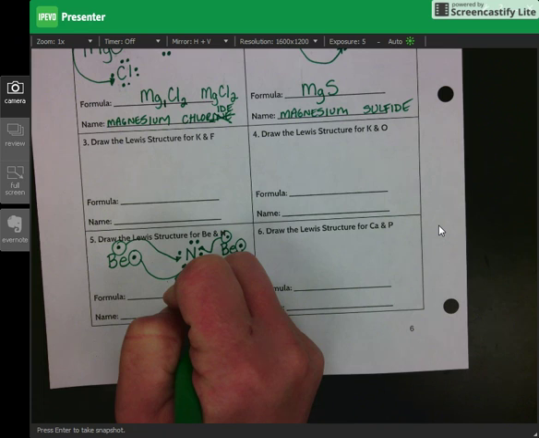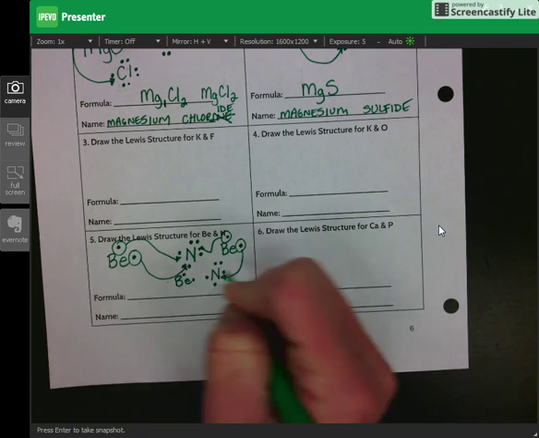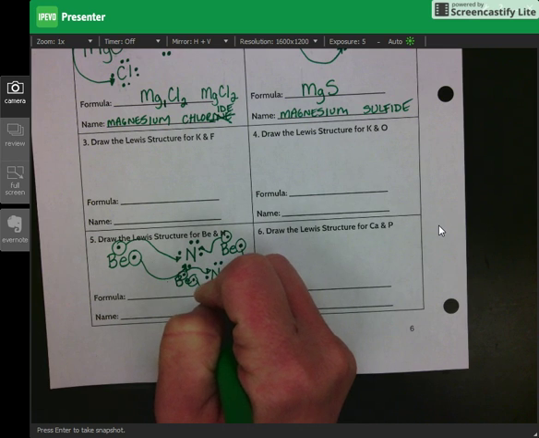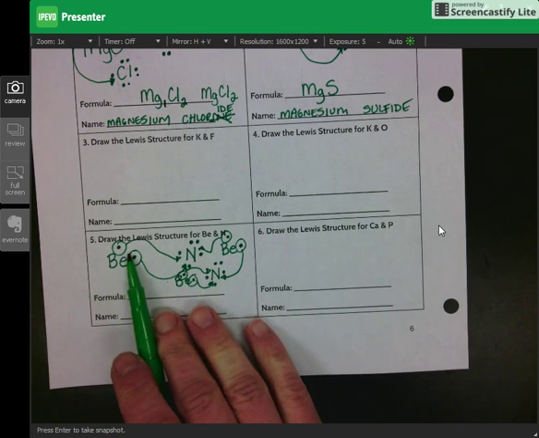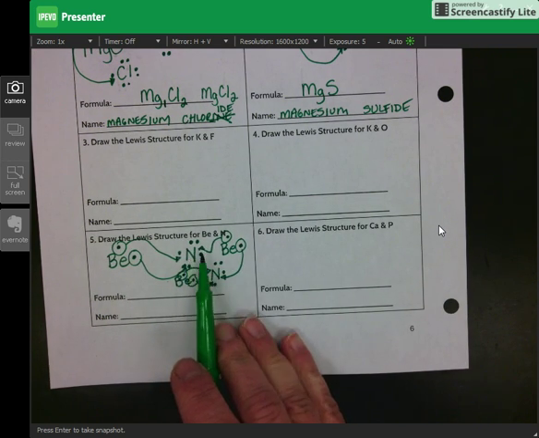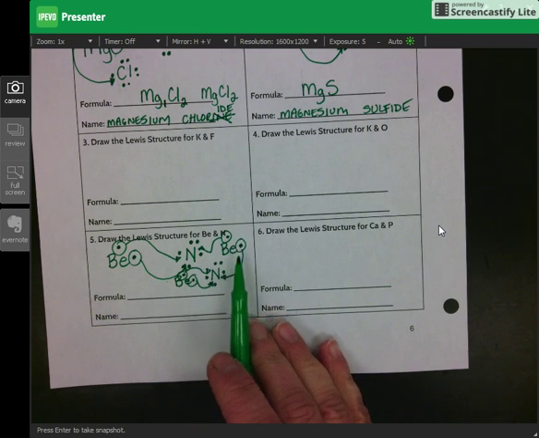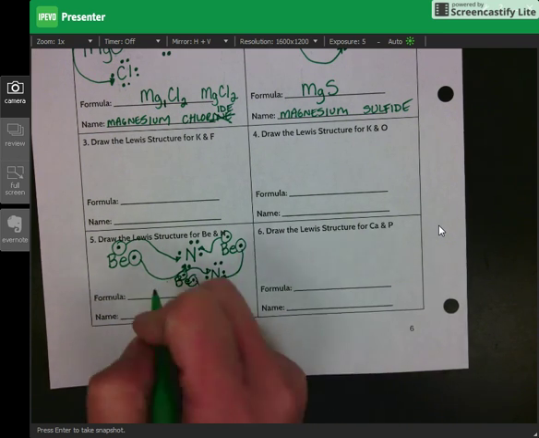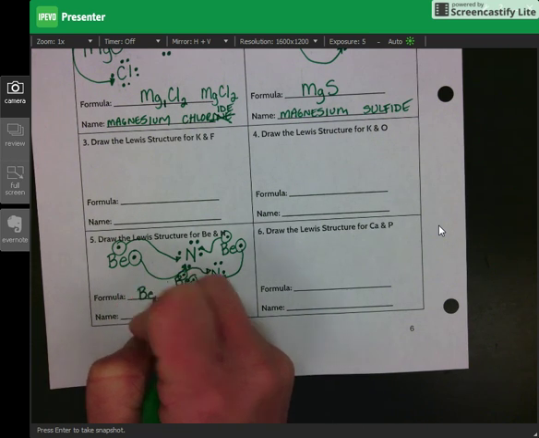So we're going to do beryllium again with 2 valence. This guy's coming here, this guy's coming here. So now this beryllium's happy, this nitrogen is happy with 8, this beryllium's happy, this nitrogen's happy, and this beryllium's happy. So how many berylliums did we use in this case?